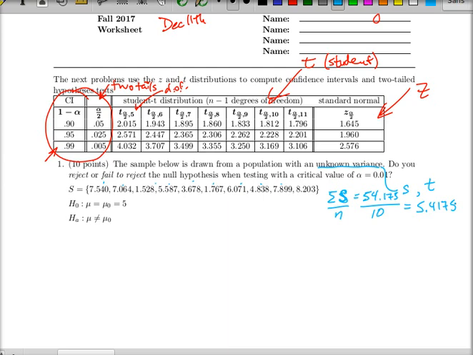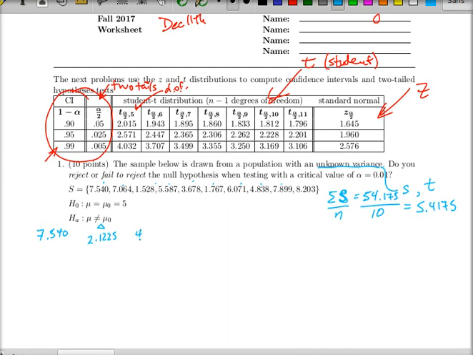And now we're going to do the values. 7.540, we're going to use the delta, which is going to be 7.540 minus 5.4175. That gives us 2.1225, and we're going to square that.